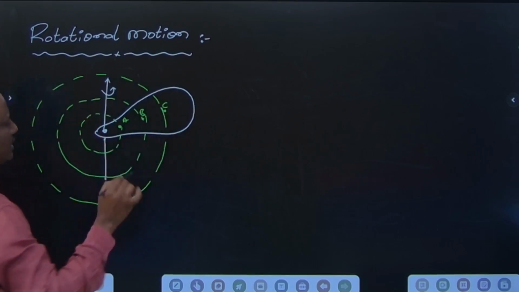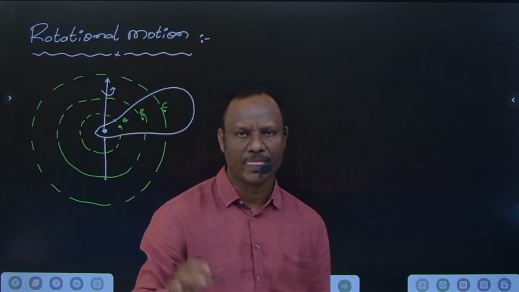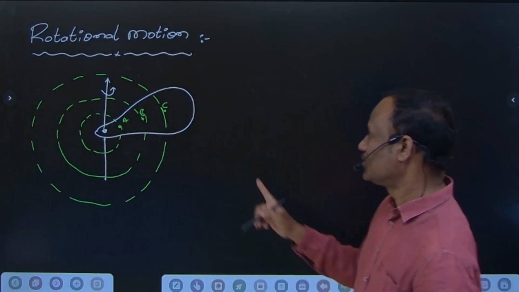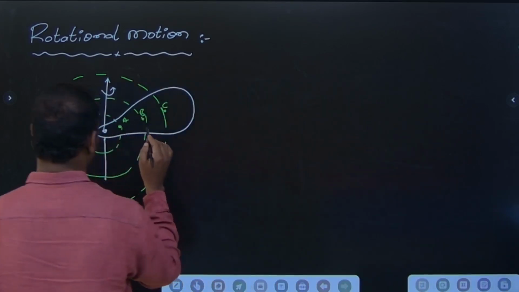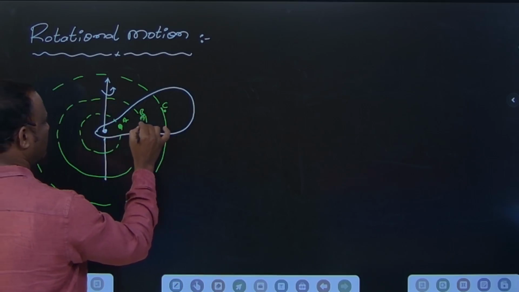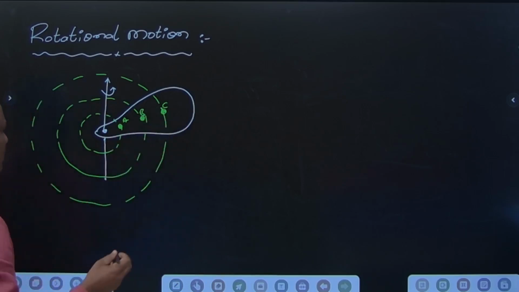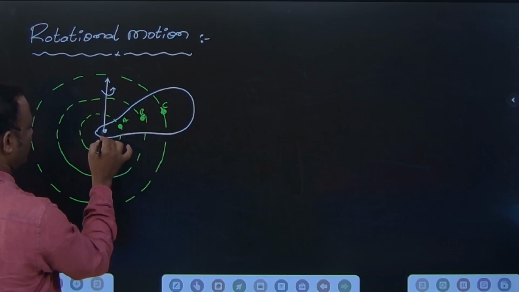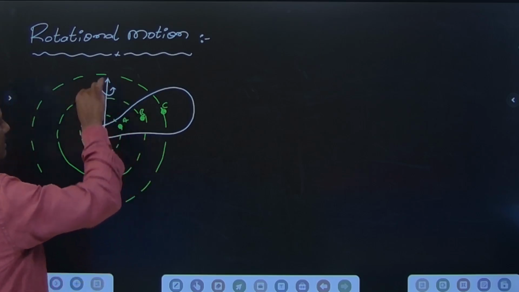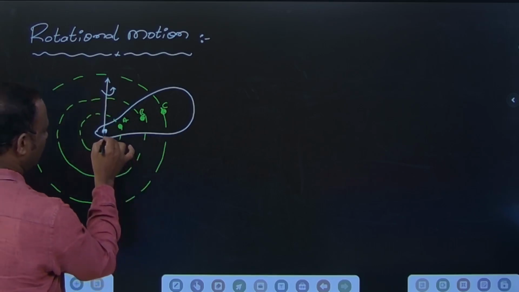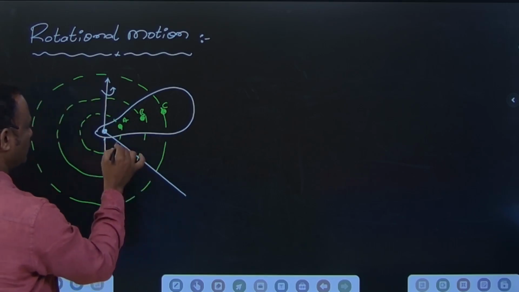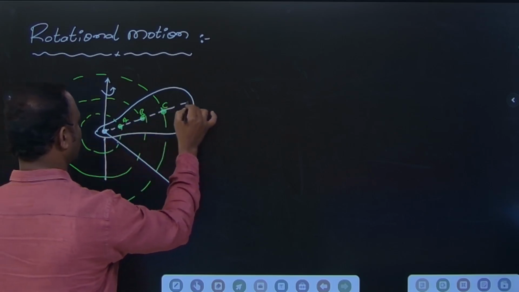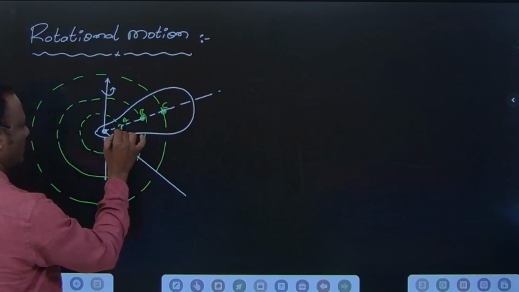What was the statement earlier for translational motion? Each and every particle has equal displacements in equal intervals of time. Here, for particles A, B and C on concentric circles, I draw a perpendicular line and another line.